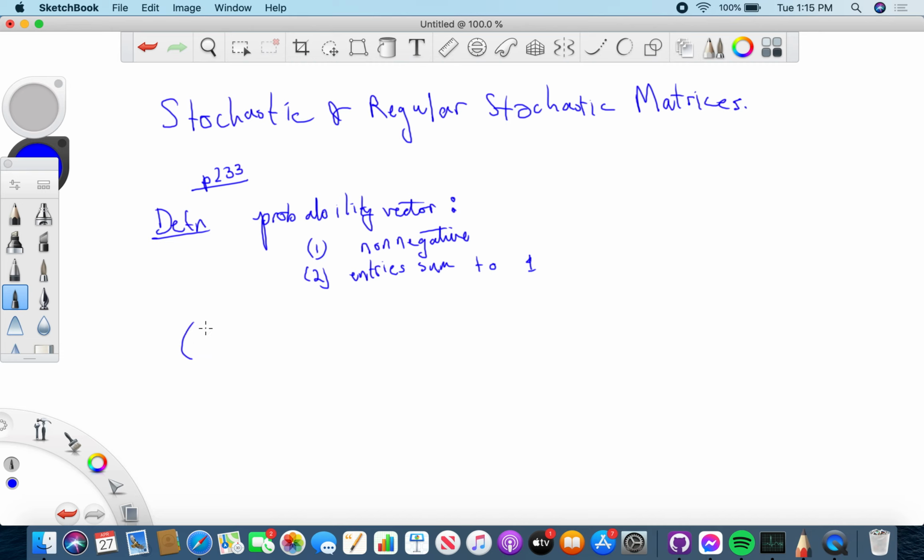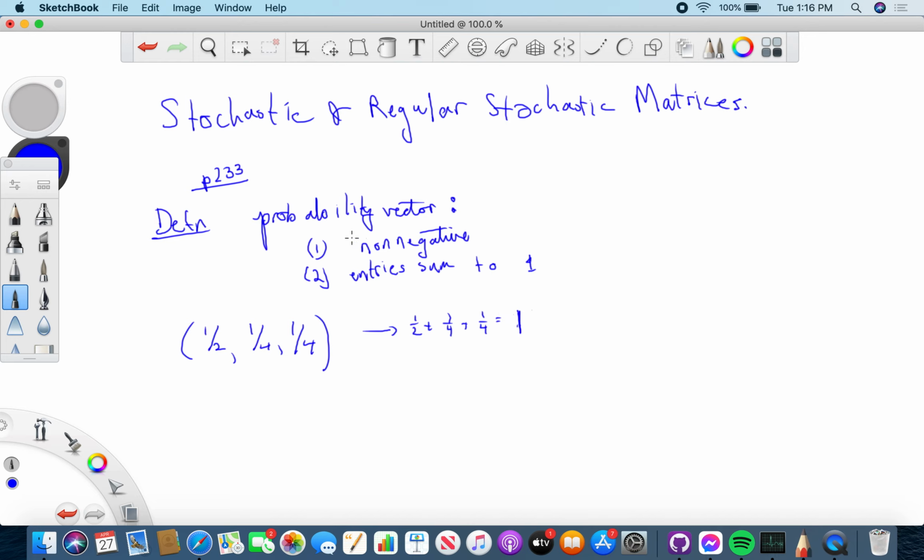In other words, if you have a vector like this, you notice that the sum of the values goes to 1. A quarter plus a quarter is a half, and a half plus 1/2 is 1. So you have 1/2 plus a quarter plus a quarter, and this sums to 1.